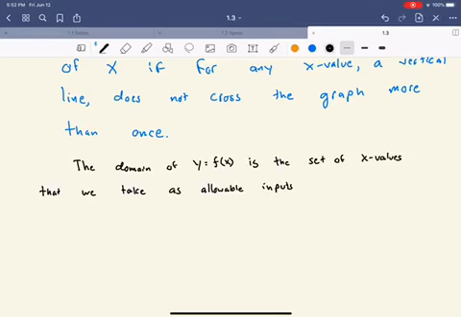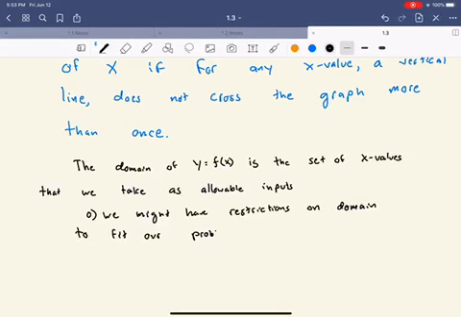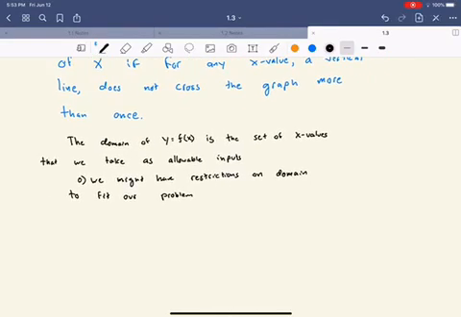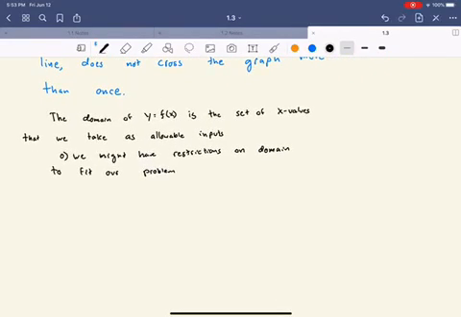Now there could be restrictions that we put on, so we might have restrictions on the domain to fit our problem. Those are domain restrictions that we, as the mathematician or the math student, use.